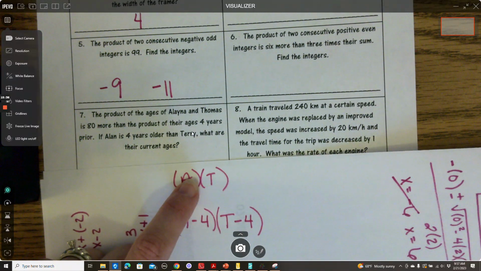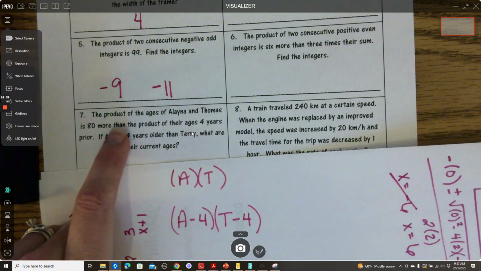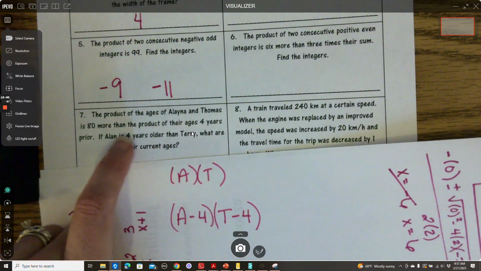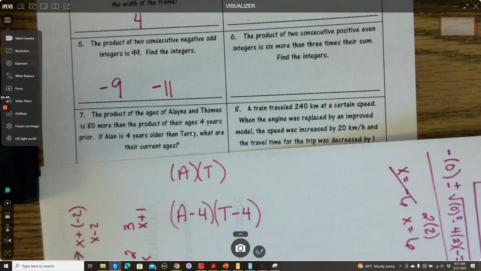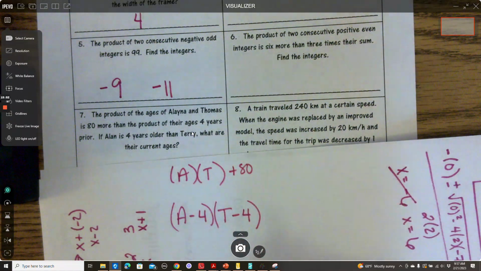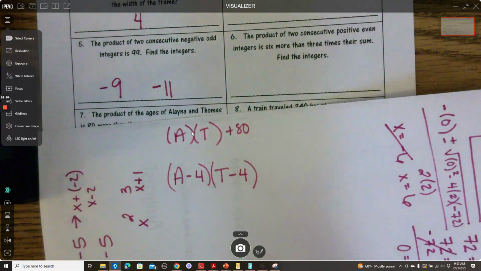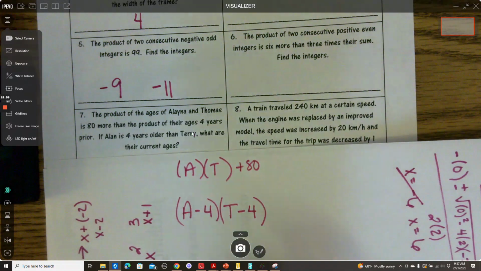This is equal to 80 more than this. So 80 more, mathematically, how do you do that? Adding 80, right? So that's technically my equation.